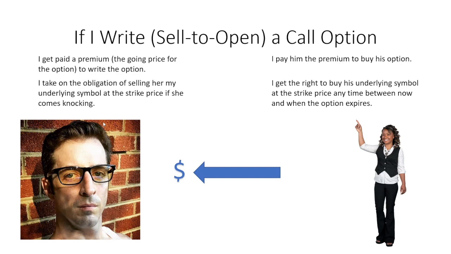All well and good. And in return for getting that money, I take on the obligation of selling my underlying symbol to this person at the strike price if they come a knockin'. So as you can see here, they get a right, I take on an obligation.